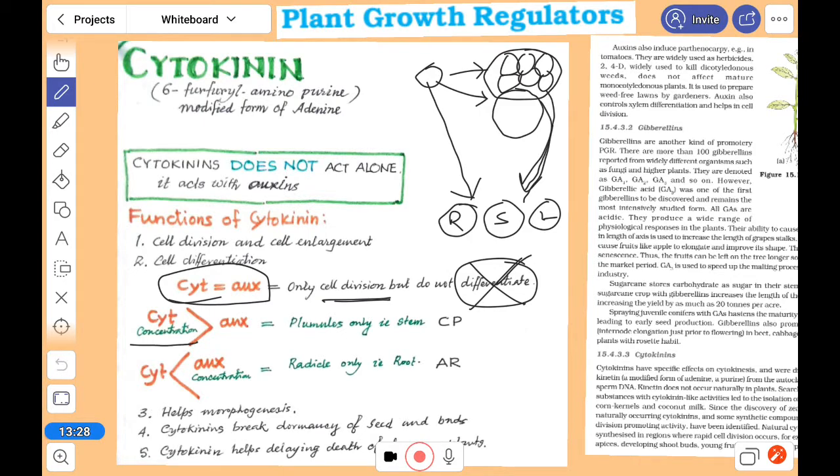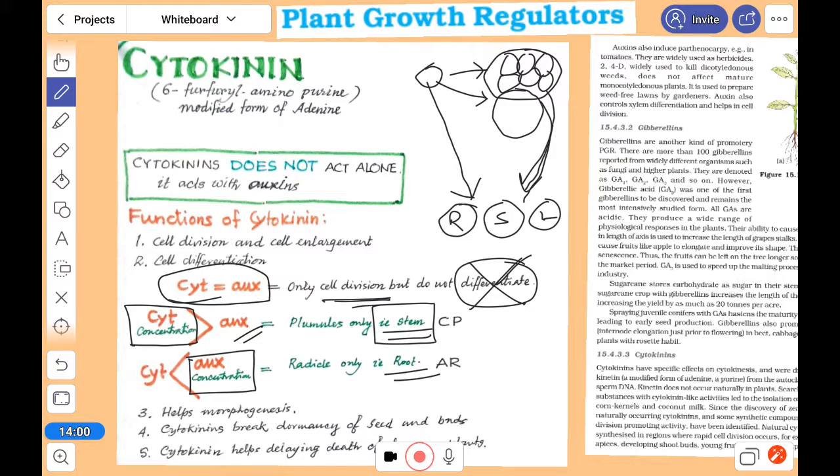When the concentration of cytokinin is more than auxin, it can promote stem growth from the plumule. And when auxin concentration is more, the radicle will grow, so root growth will be there. So it helps completely in differentiation, and it also helps morphogenesis.